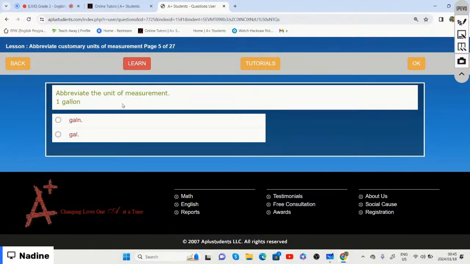And if we abbreviate units of measurements, for example, gallons, is it the first one or the second option? Gallon. So 1 gallon, we need to abbreviate the word gallon.